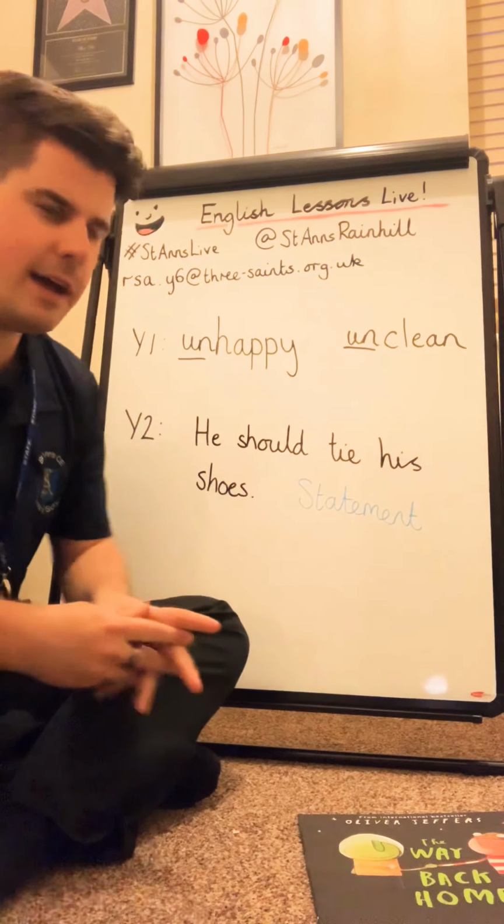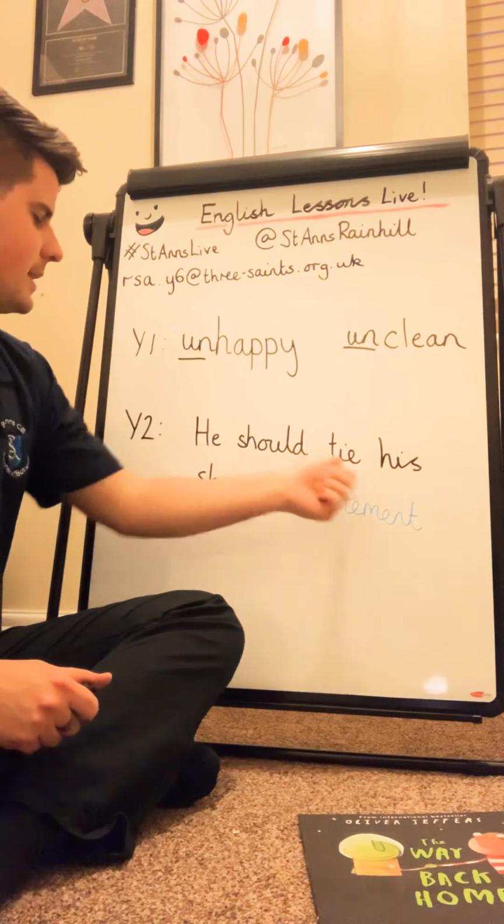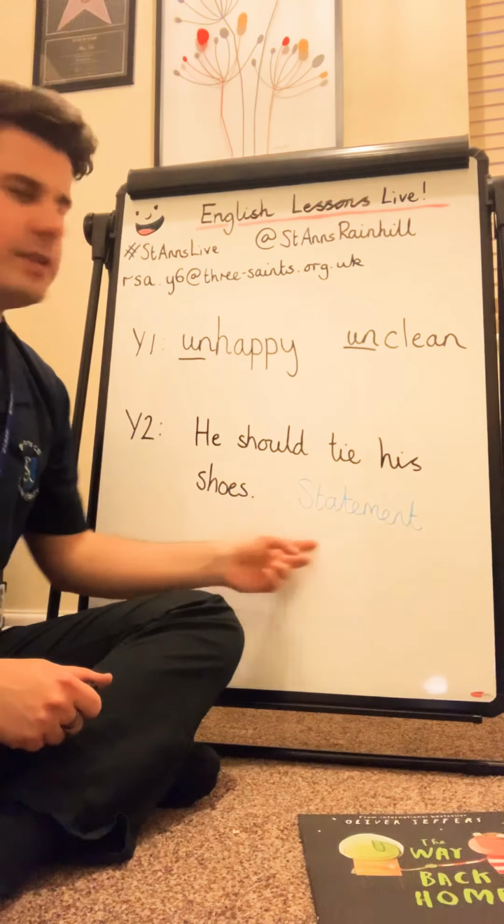Year two, I asked you, he should tie his shoes, and this is a statement. Could you change this statement into a command for me? We have statements, we have questions, we have commands, and we have exclamations, okay? How do you turn this into a command? Well, a command needs the imperative verb, the bossy verb, at the start.